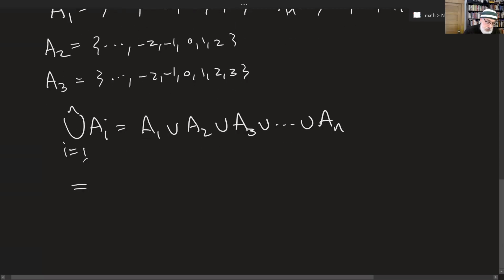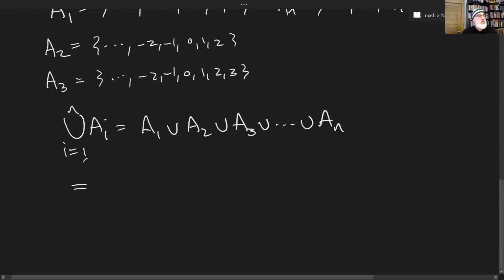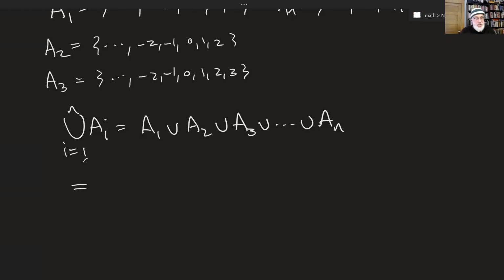Now, let's remember what it means to be in a union. It's a collection of everything in each set without repeating. So I'm going to take everything that's in A sub 1, everything that's in A sub 2, everything that's in A sub 3, and so on, all the way up to A sub n, and collect all those elements into a new set, which will be the union.